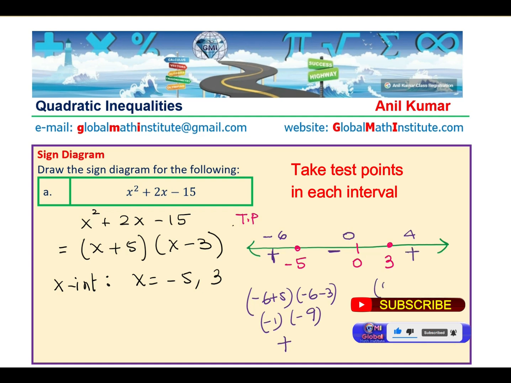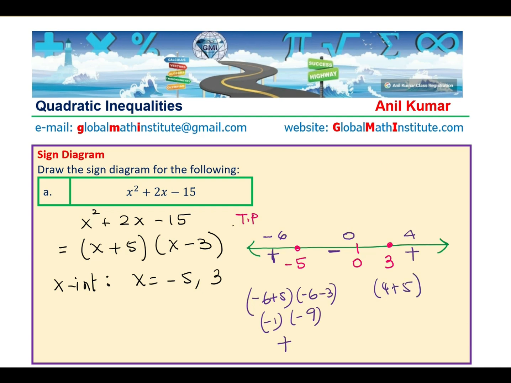Let's check it out. So (4 plus 5) times (4 minus 3): 4 plus 5 is 9, and 4 minus 3 is 1. So we do get a positive sign, correct?